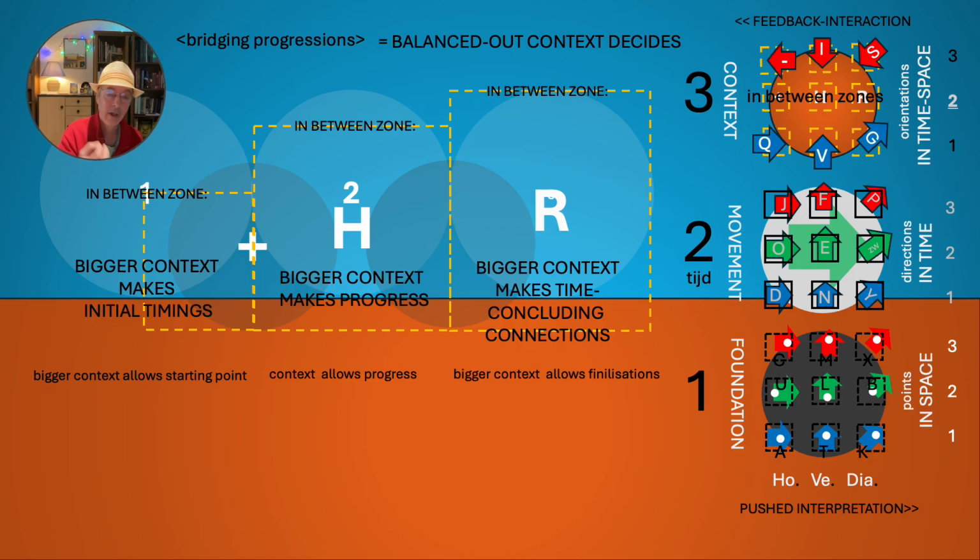That's good. The second position is that the context allows, here in the complete in-between zone of movement, progress. The bigger context says, here you can make progress. So it's the area, the breath, which says, here it's a very good opportunity where you can make progress.